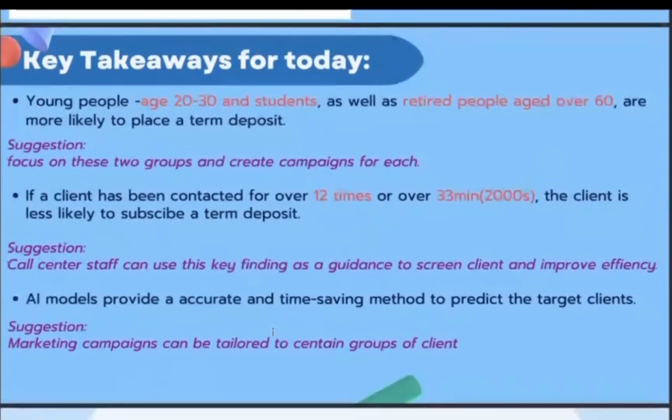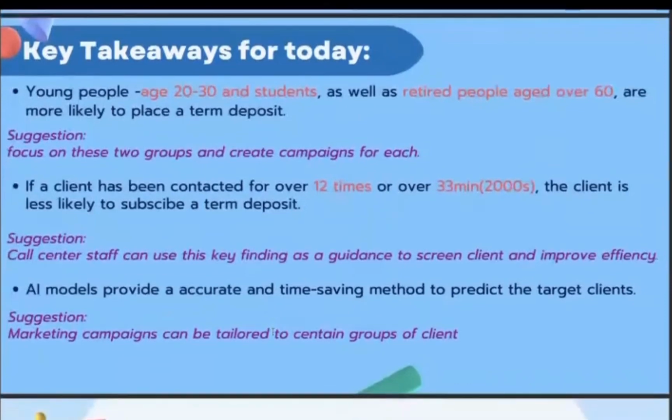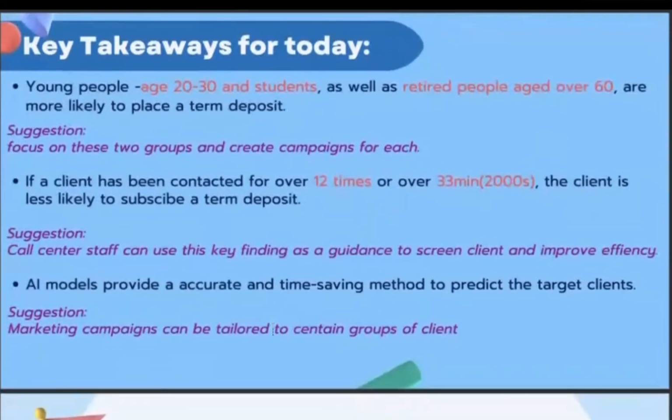Another insight is that if a client has been contacted over 12 times or for over 33 minutes, then the client is less likely to subscribe to a term deposit. So our suggestion is the call center staff can use these key findings as guidance to screen clients and improve their efficiency.